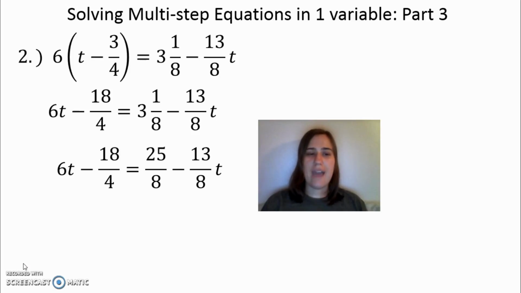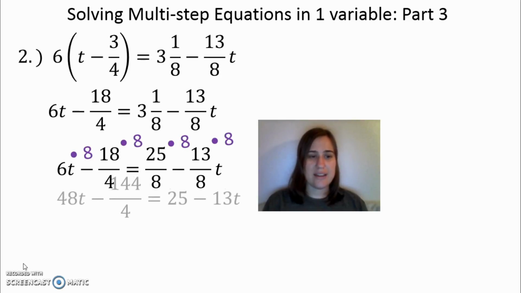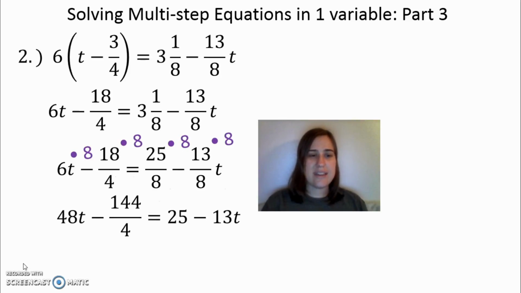So let's multiply everything by 8. Multiplying by 8 we'll also get rid of the 4, I hope. So let's multiply everything times 8. So we get 6t times 8 is 48t. 18 times 8 is 144. 25. Ooh, we don't have to multiply that one by 8.